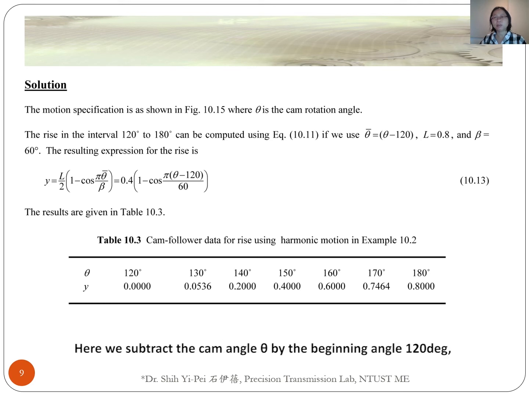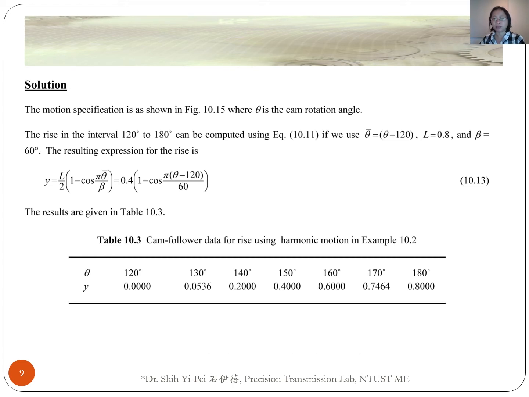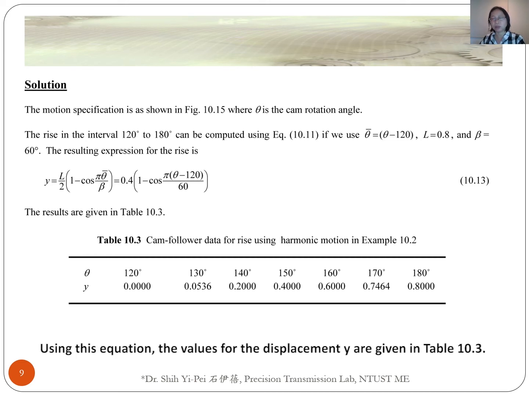Here, we subtract the beginning angle 120 degrees from the cam angle theta, the amount of the rise L equals 0.8 inches, and the cam rotation angle required, beta, is 60 degrees. We get the resulting expression for the rise interval in equation 10.13. Using this equation, the values for the displacement y are given in table 10.3.